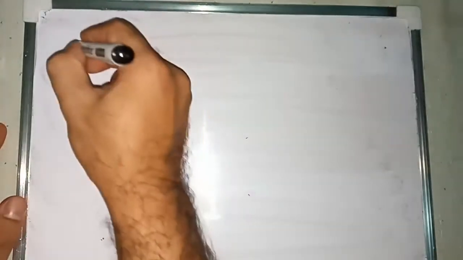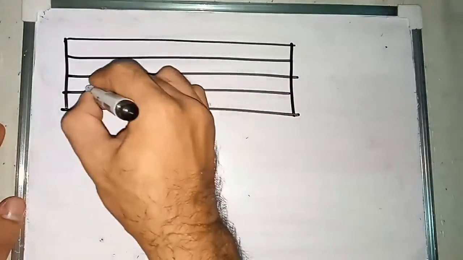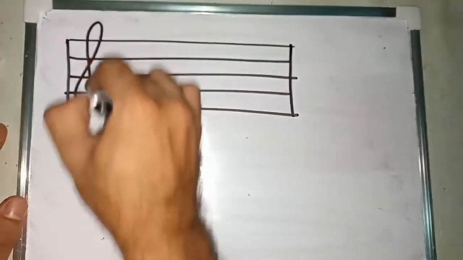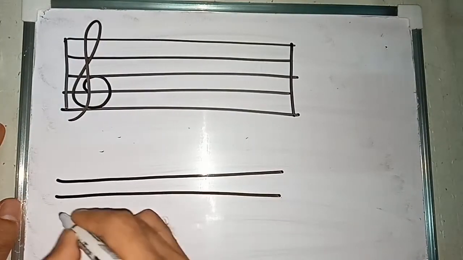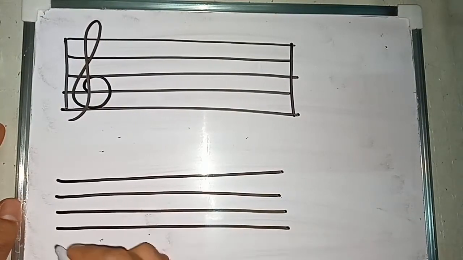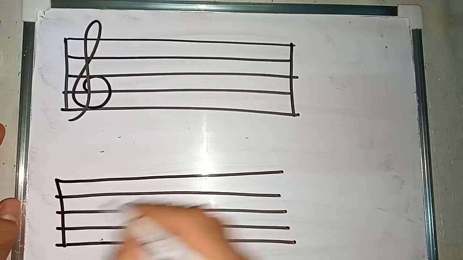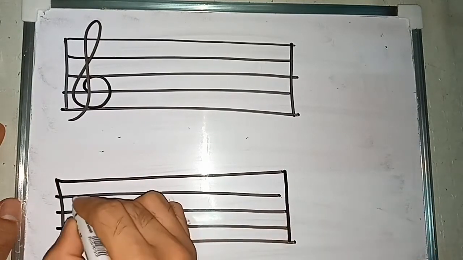We have here a G clef, with lines 1, 2, 3, 4, 5. We also have here an F clef, with lines 1, 2, 3, 4, 5, closed by a bar line.